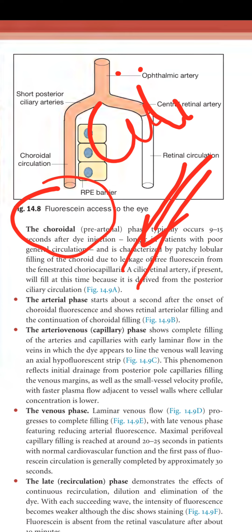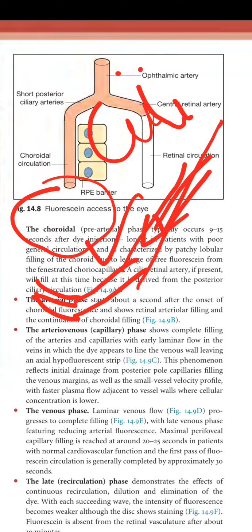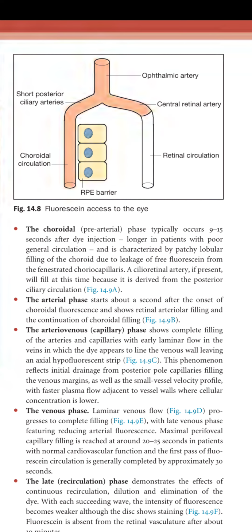The arteriovenous or capillary phase shows the complete filling of the arteries and capillaries with early laminar flow in the veins. So in the arteriovenous phase, the arteries are being filled, the capillaries are being filled, and there is also laminar flow in the veins, in which the dye appears to line the venous wall, leaving an axial hypofluorescent strip.